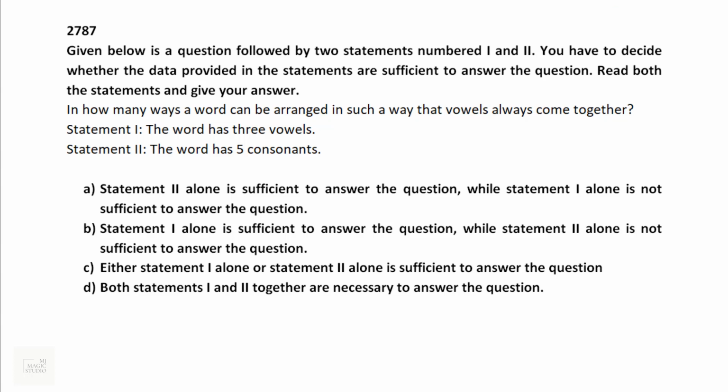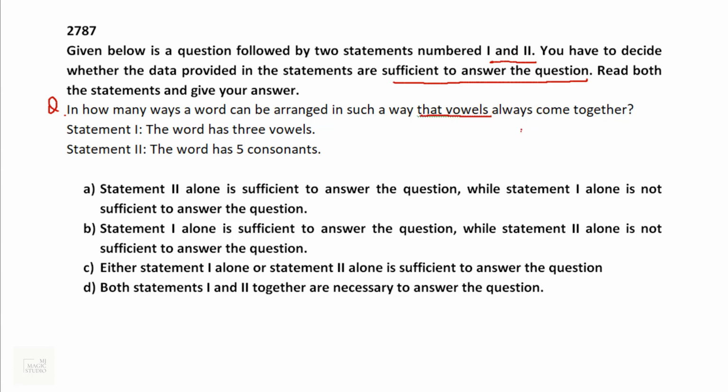Okay, question now from data sufficiency. Here, a question is given which is followed by 2 statements. We need to decide whether the data provided in the statements is sufficient to answer the question. We don't need the answer to the question, we just need to find whether data is sufficient to answer the question or not. Question here is, in how many ways can a word be arranged in such a way that vowels always come together?